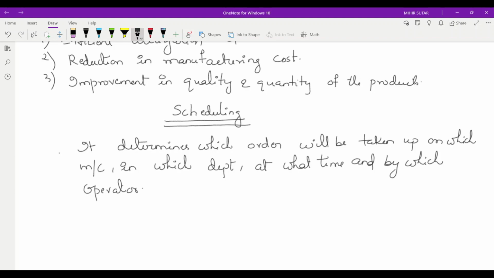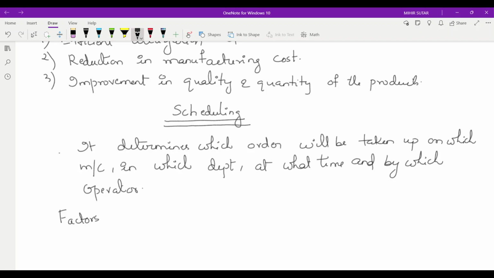So this is scheduling, and then the factors affecting scheduling. I think you got it. Scheduling is a time frame in which machine work will be done, in which departments it will be done, at what time it will be done, and which operator will be doing all these things.